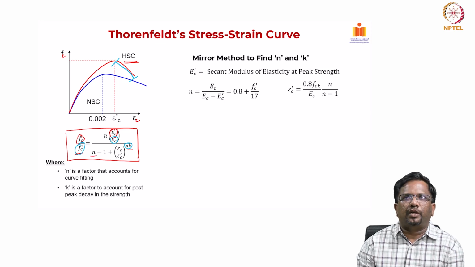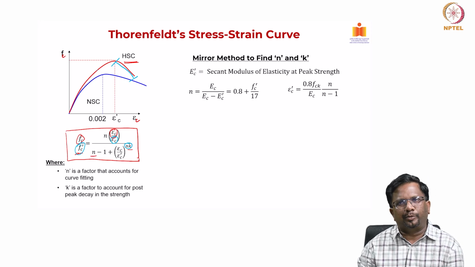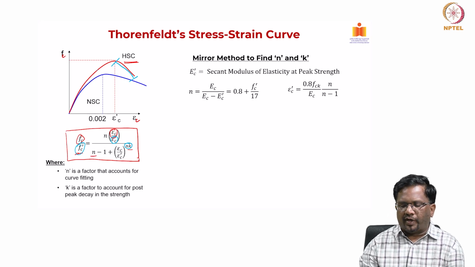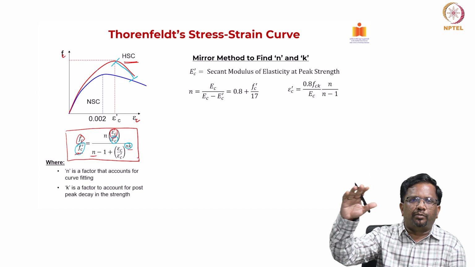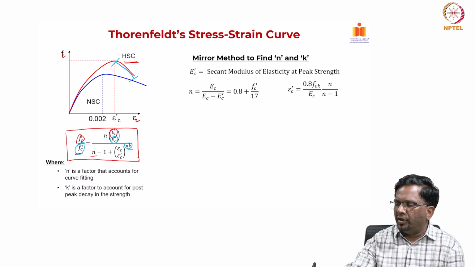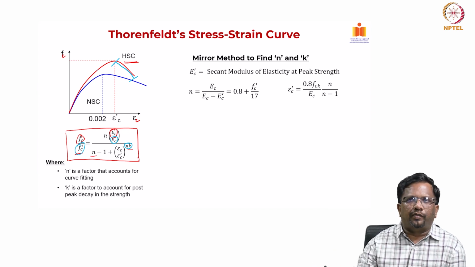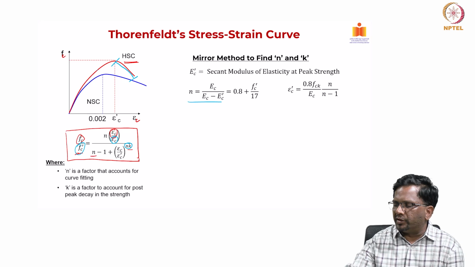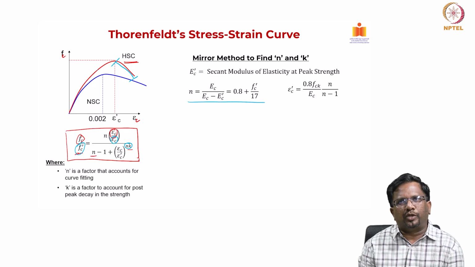Now, I told you we have to determine n, k and epsilon prime c. Now, what is n? N, as I told you, is a factor that accounts for how it is changing from linear portion to non-linear portion. So, that has been defined in terms of this equation, which tells you what is Ec.